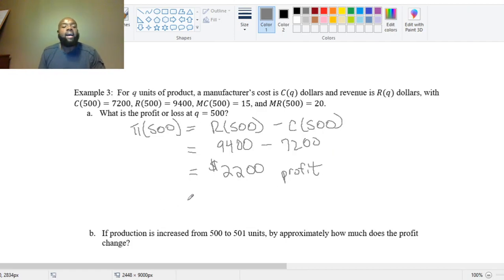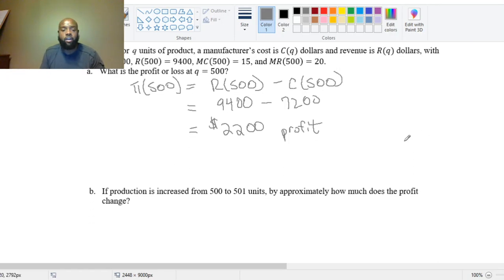Okay. In part B, it says if production is increased from 500 to 501 units, by approximately how much does the profit change? Now I've got to be careful here. I'm changing from 500 to 501 units, right? That means if I increase my input, my quantity, by one item, it's asking me how much my profit is going to change.